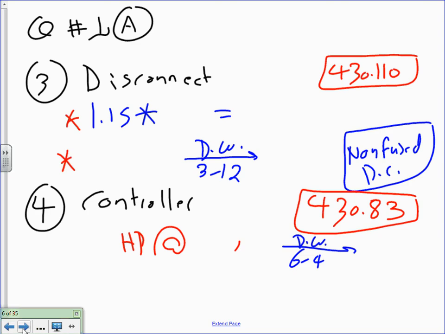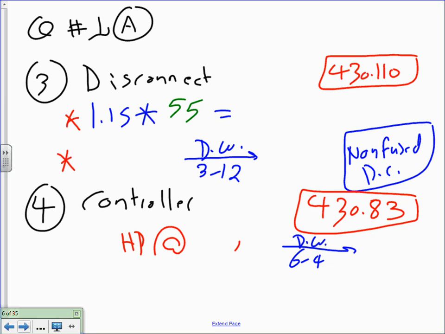Okay, disconnects. Now, here's the reference for you, 430.110, right? Everybody knows that, that's your reference. If you go there, it will tell you multiply 1.15 by 55. What's the 55? The full load current that we have. So 1.15 times 55, the full load current for the motor. I need 2 gentlemen to agree on one answer.